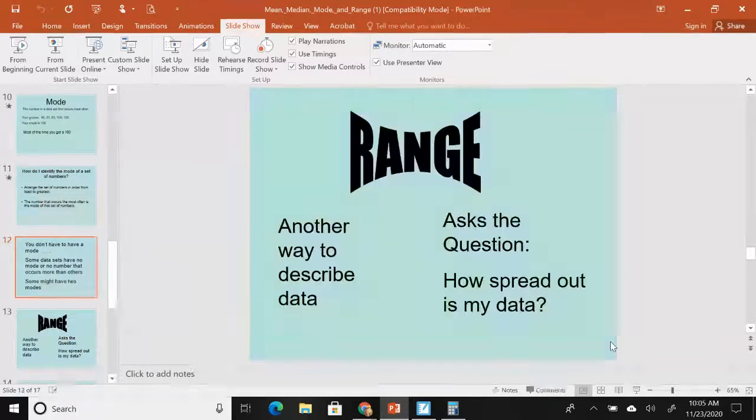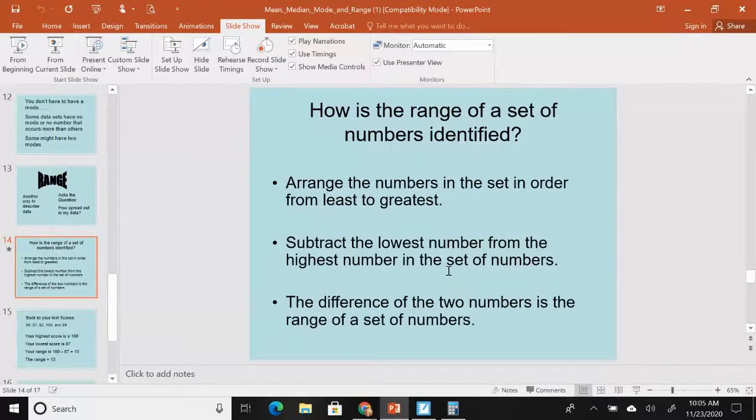And then we have, I am just going to go to range. Range is the one that is not a measure of center. So mean, median, and mode, the three that begin with the letter M, are measures of center. Range is a measure of spread. So how far spread out is your data? The way that you calculate the range is, you can put them in order.